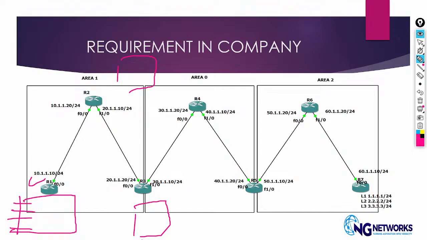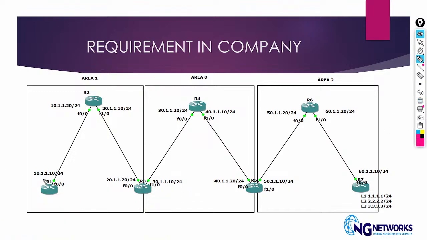So to reduce these things, we have divided the OSPF topology into a hierarchical design, where we have divided it into areas. By dividing into areas, the routers will only need to maintain the information of that particular area only. Like this, R1 will only have to maintain the database information of R1, R2 and R3, which are in its area 1.